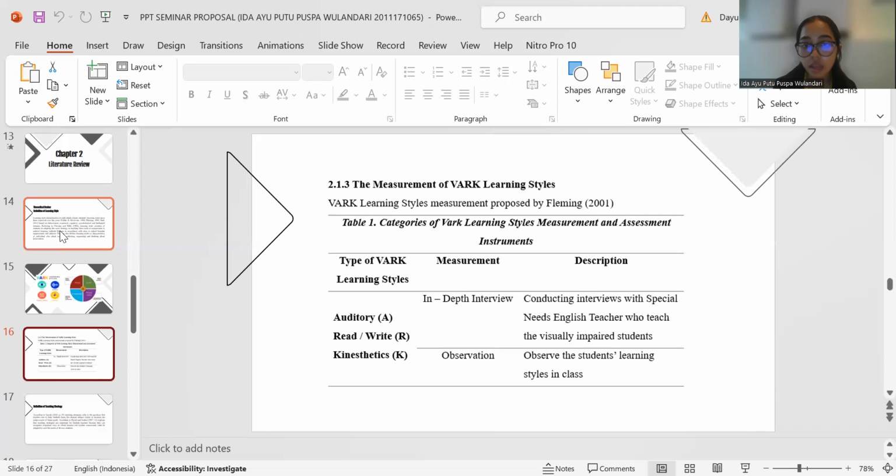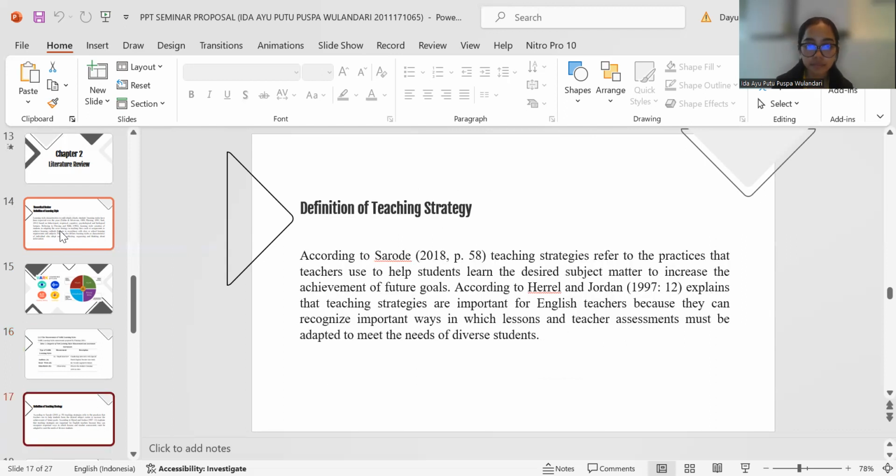And I use in-depth interviews and observation for the measurement of this research. The in-depth interview was conducted with a special needs English teacher who teaches visually impaired students in SLB Number 1 Denpasar, and I also used observation to observe the students' learning style in class.